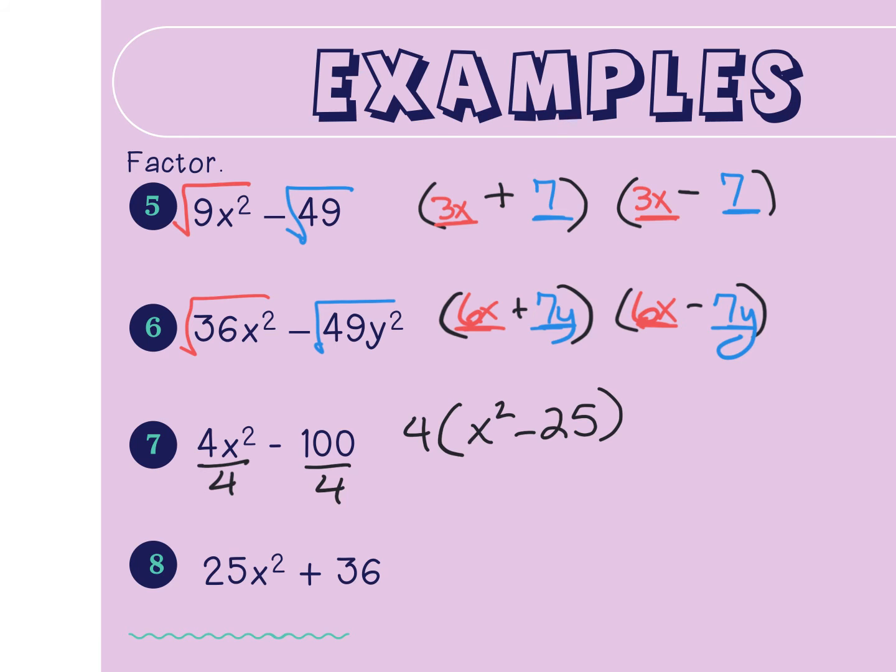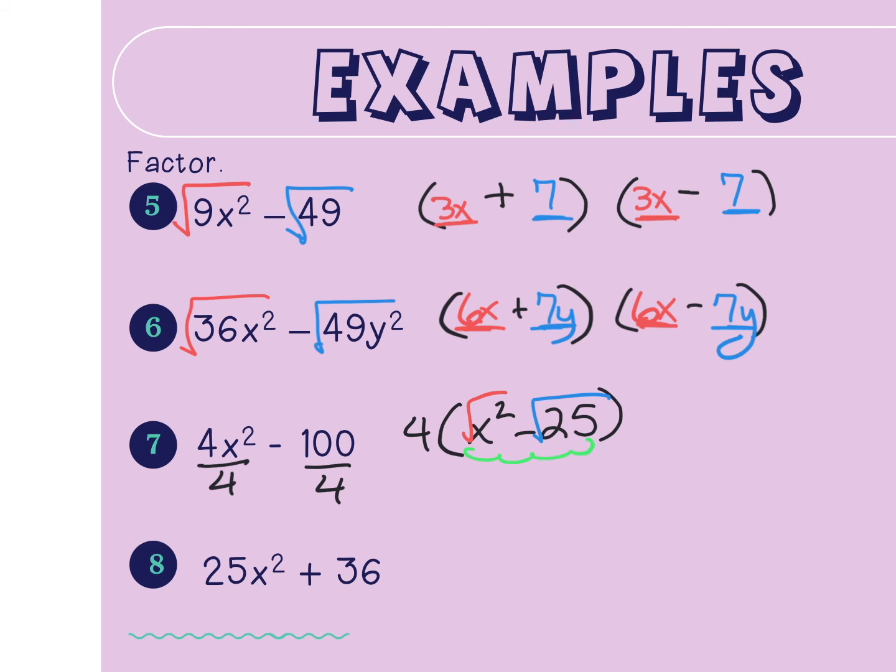Now, this is sort of leading us into when we're going to get questions where it's going to say factor completely. Once you pull out a GCF, you need to look at this and decide, can I keep going? And again, this is still the difference of two squares, so I have to keep going. So I'm going to square root the x squared, square root the 25.